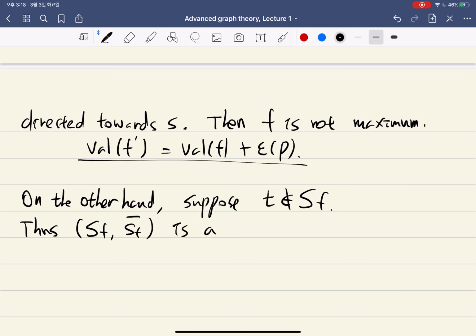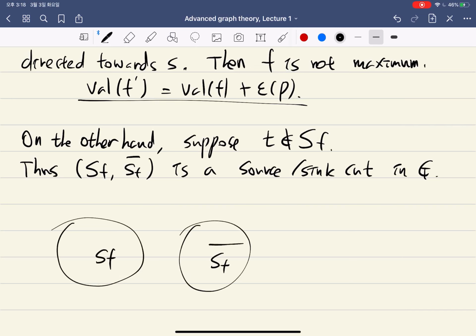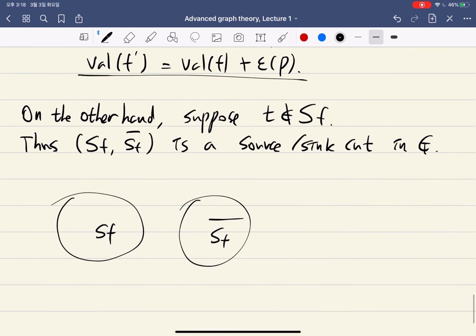This is a source-sink cut in the network G. And you have this S_F, and you have this complement.